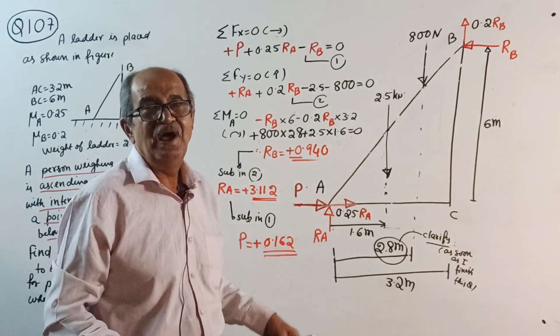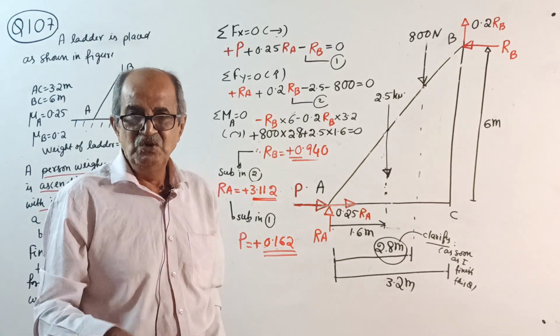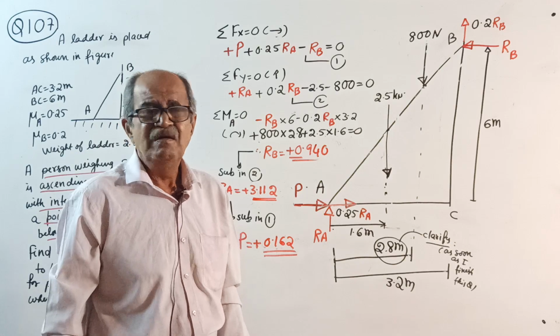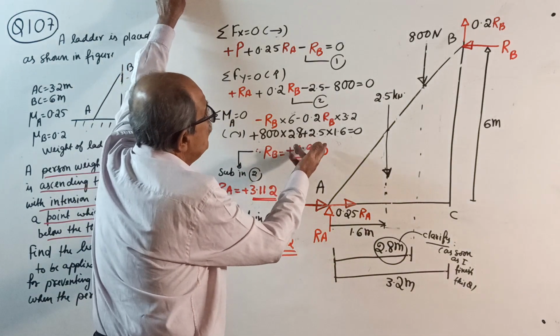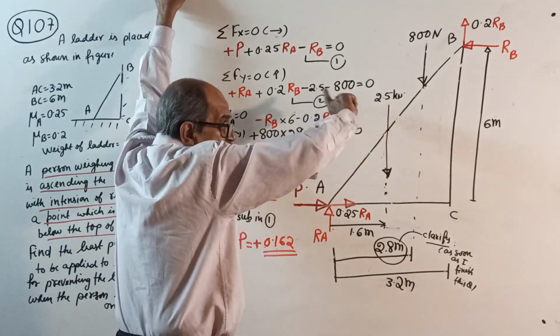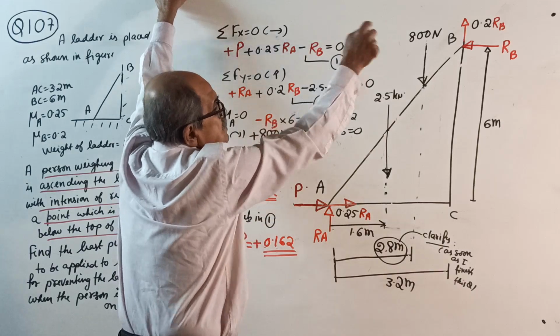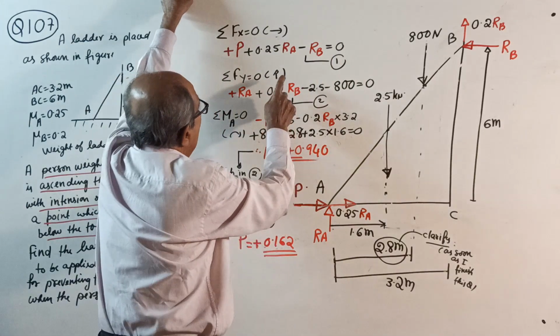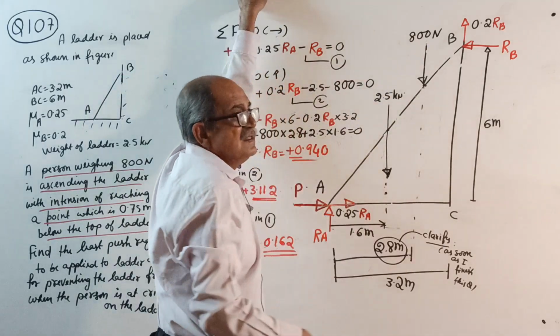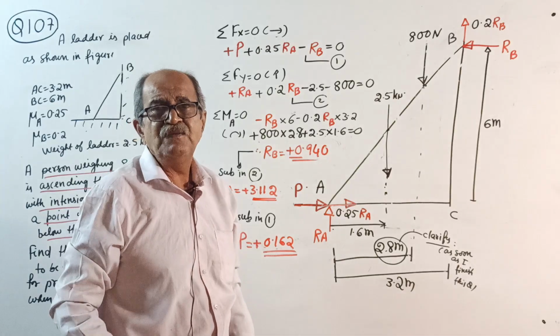After everything is over, I would have told them, do you think I can make such a mistake? When I calculate here, 2.5 into 1.6, it is a kilonewton meter. When I see Newton there, I can make out. Or how can I write minus 2.5 minus 800? That much common sense is there for me.